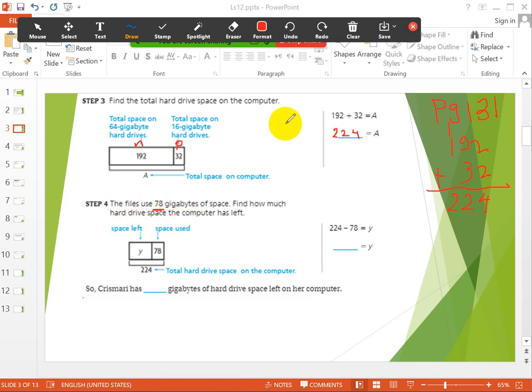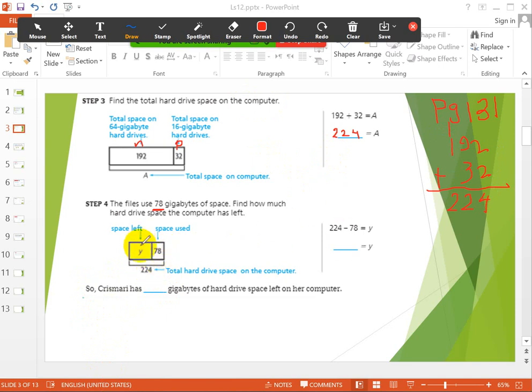But what I have in my computer, I have 224. So I want to know the space that is left in my computer. What does that mean? That means if I have 224 gigabytes and I will take from this number 78.